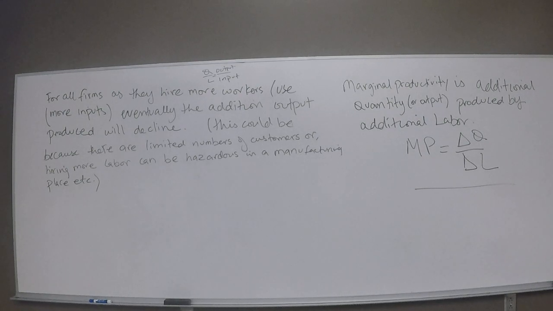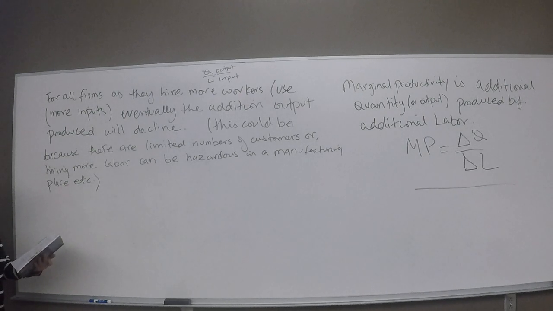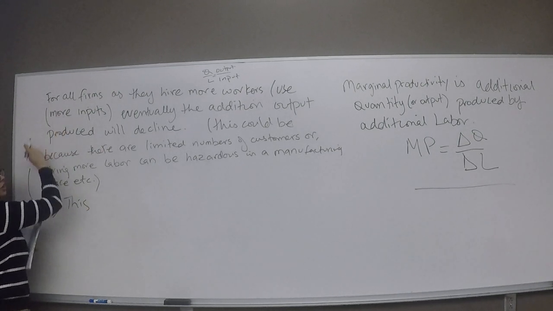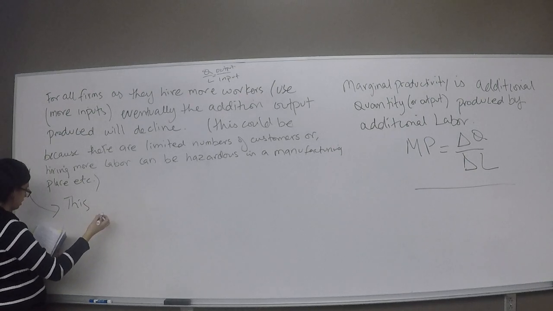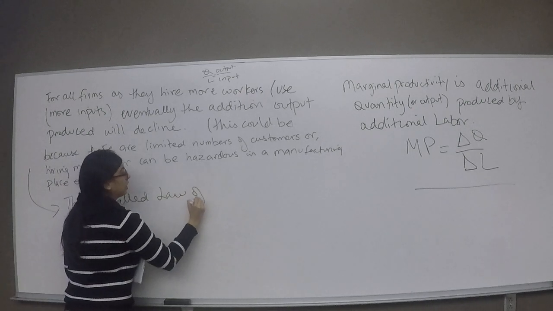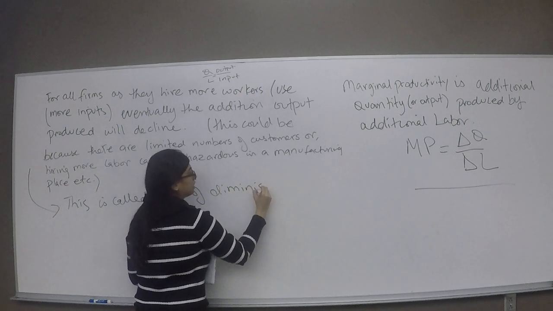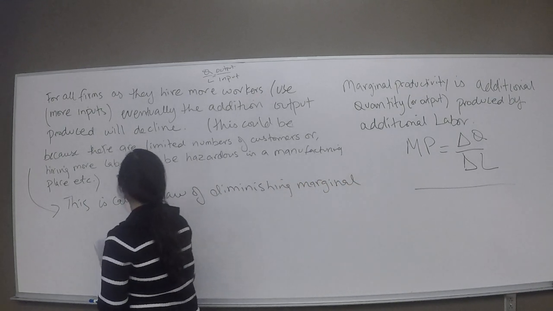So for all firms, as they hire more workers, more inputs, eventually the additional output produced will decline. This phenomenon, as you hire more workers, productivity will decline, is called the law of diminishing marginal productivity.